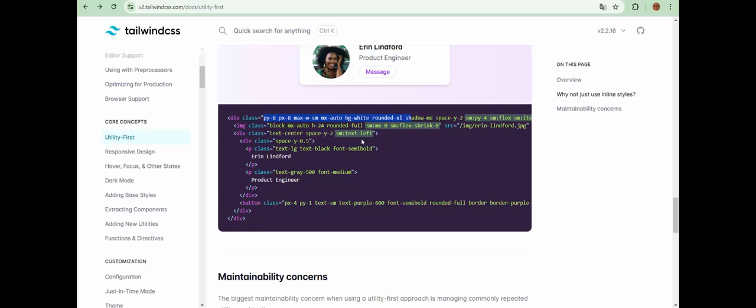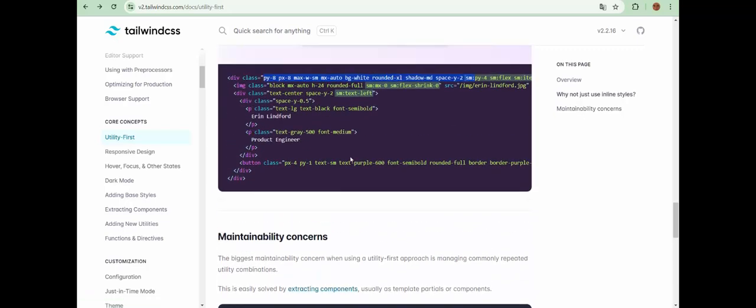It goes very lightly and very enjoyably without thinking, because every name is a part of the design system.